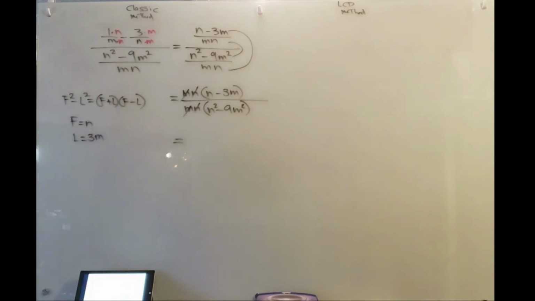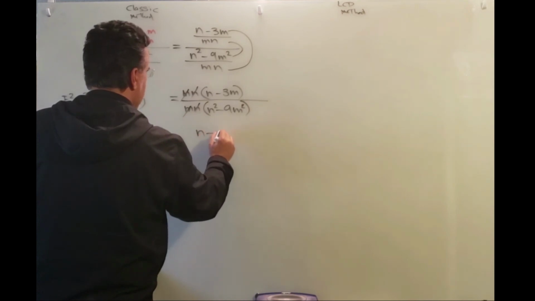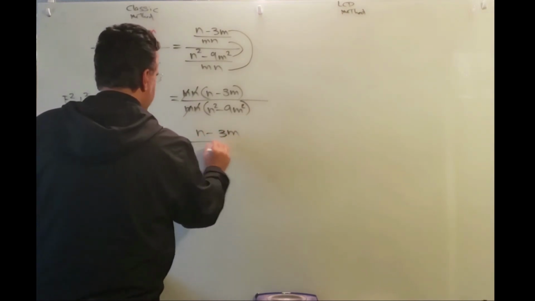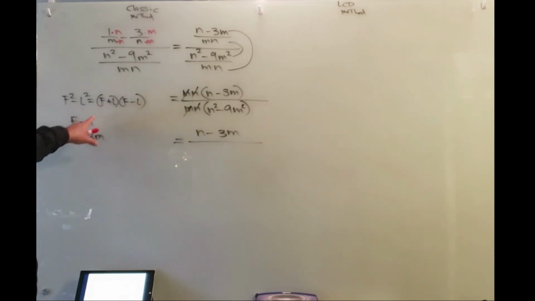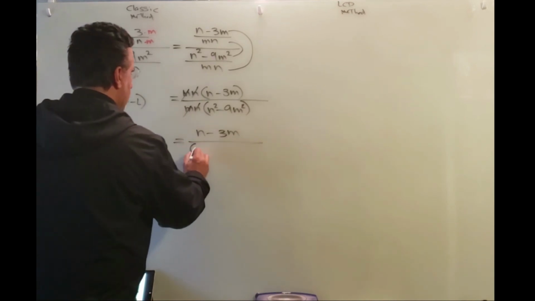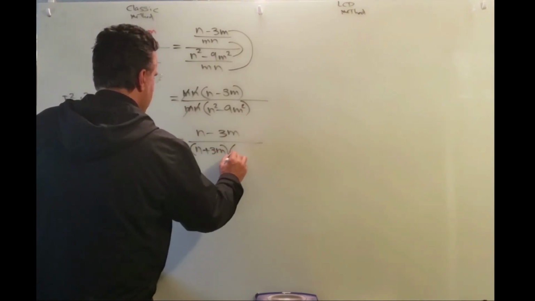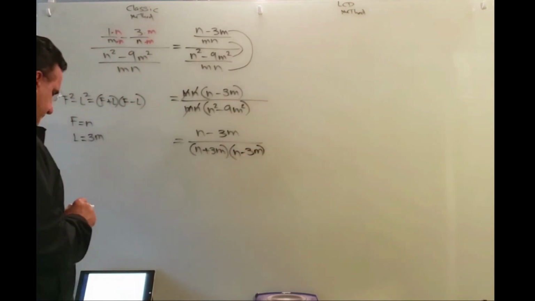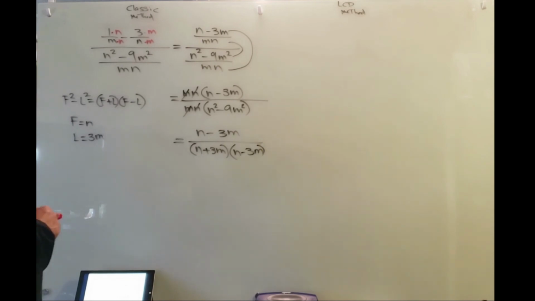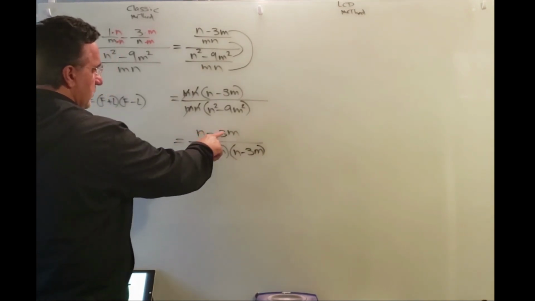All right, so notice that I'm going to write the numerator down, which is n minus 3m. Downstairs, we're going to go ahead and factor that using this rule with this f and this l. So we get n plus 3m times n minus 3m. So, yeah, these are two terms, but I'm not going to cancel one of the terms.